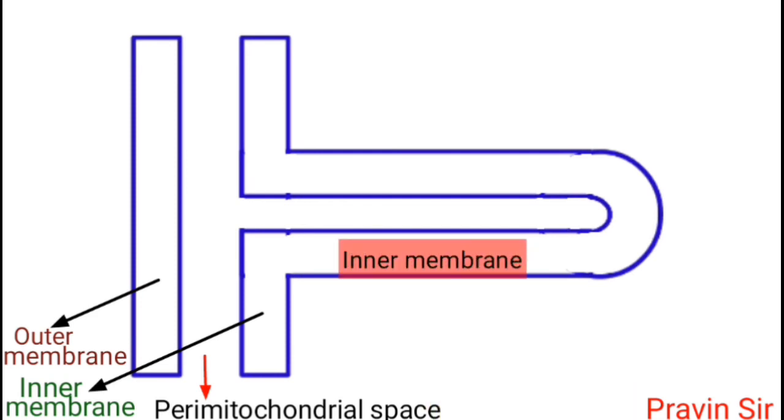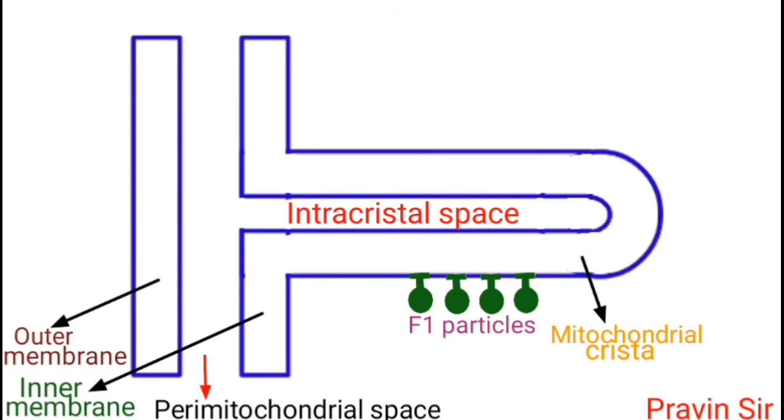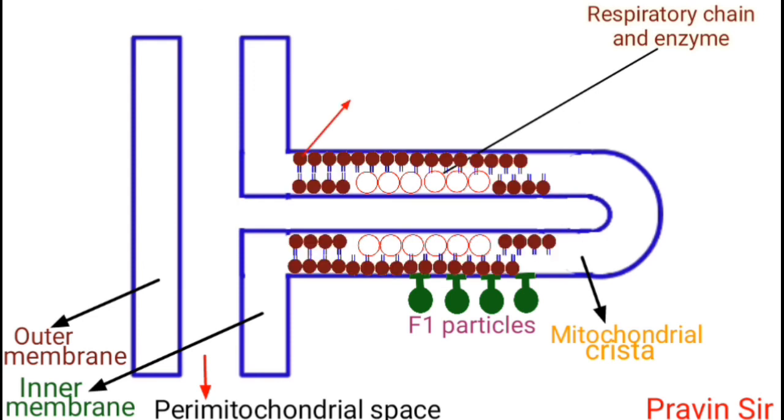On the inner membrane, you will see F1 particles, which are on the mitochondrial cristae. This gap is called the intracristal space. And here you will see the respiratory chain and enzymes. This is the protein layer and this is the lipid layer.